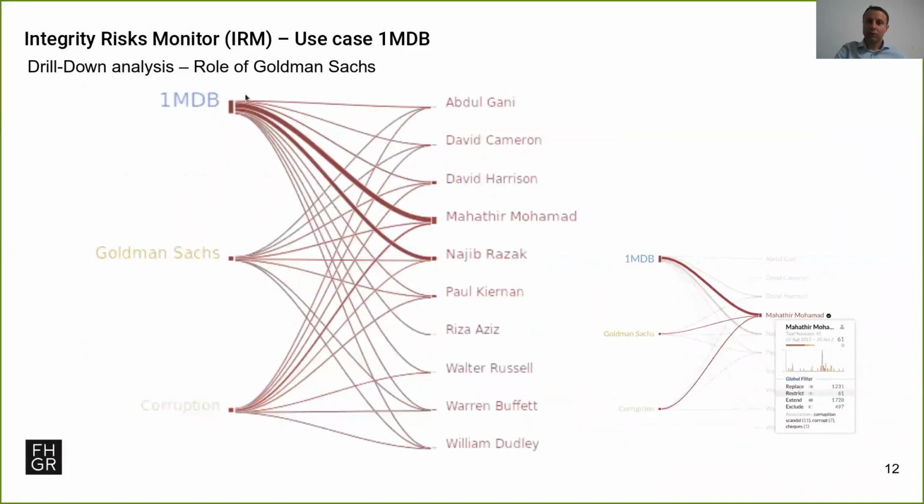You can also take a look at relation graphs that show you important concepts like 1MDB, Goldman Sachs, and how they relate to people that have been identified within this corpus. And for instance, you might question yourself why this person has been mentioned, and you will see, okay, he has been a politician in Malaysia who has been involved in this scandal.